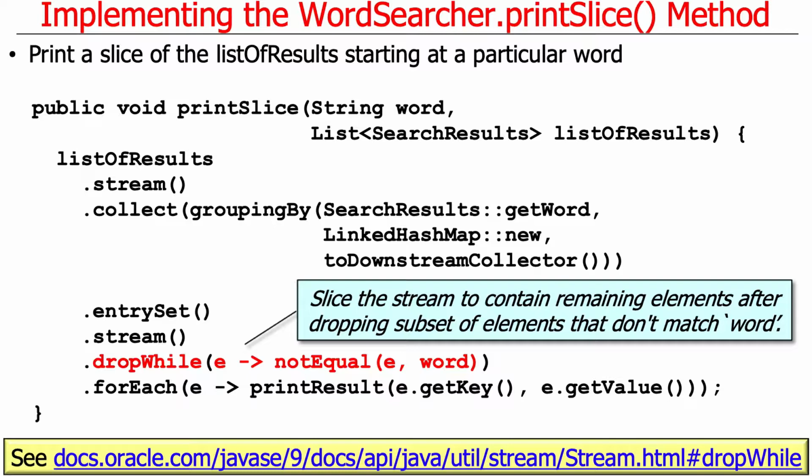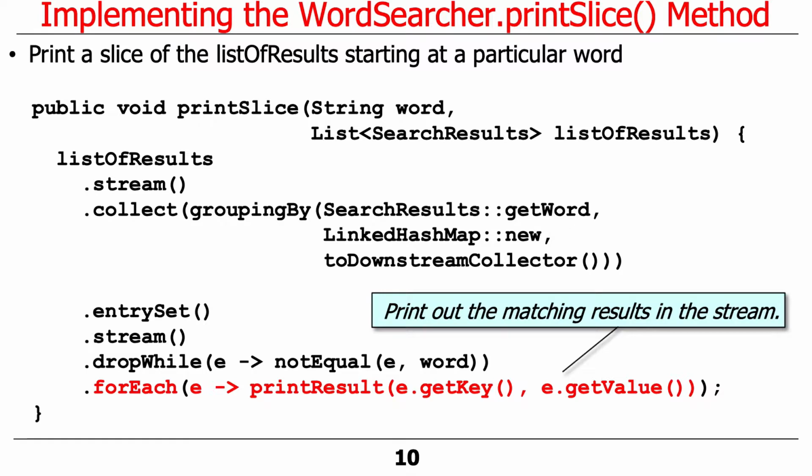And we're going to drop things while the entry doesn't match the word. And then we're going to go ahead and print the matching results in the stream when we're all done. And you can see here that we're going to call print result, passing in the key, which comes from the entry, and the value, which also comes from the entry.